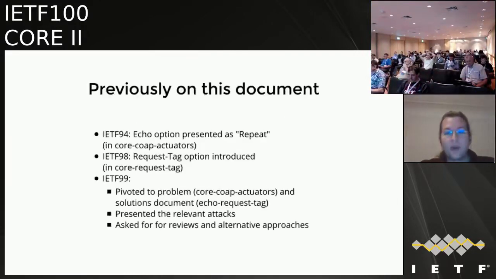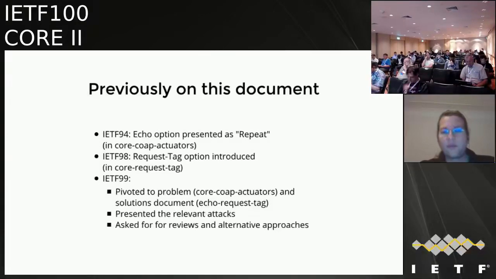This is a document about 2 options that have been around for half a year to 2 years in various documents, originally presented in IETF 94 in the actuators document, which was a combined problem statement and solutions document.